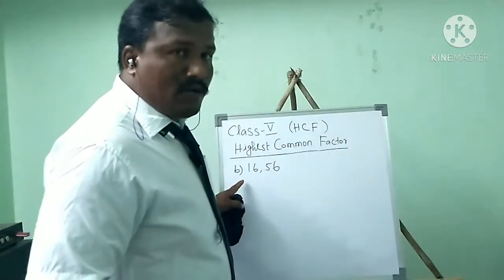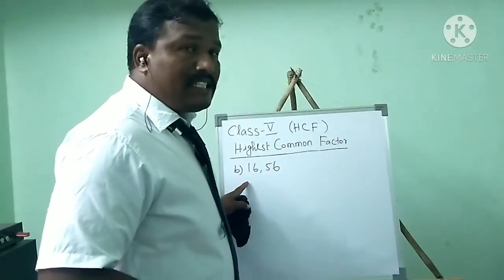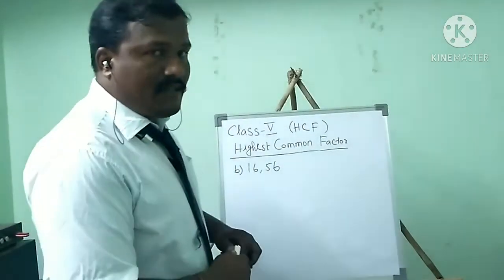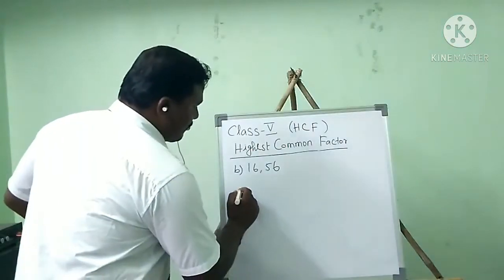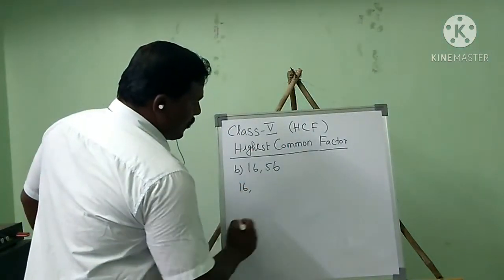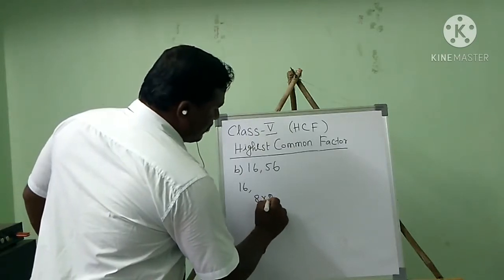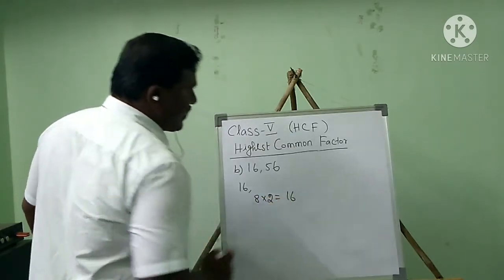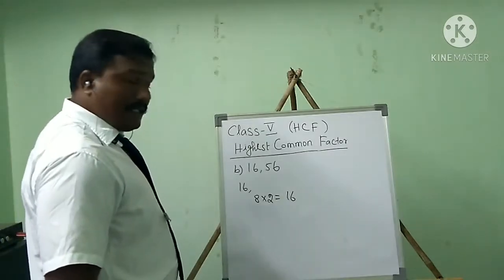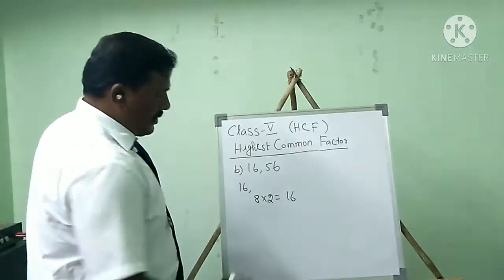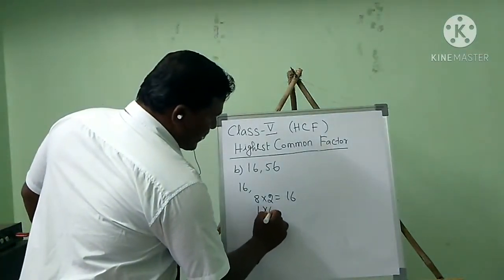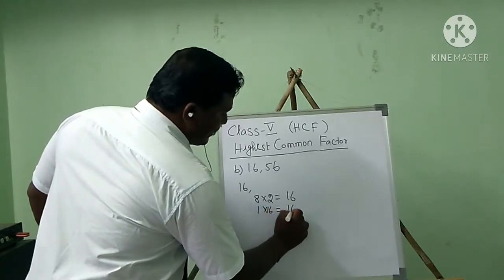Now I am going to find the highest common factor of 16 and 56. First I am going to find the factors of 16. 8 twos are 16. Then another, 1 times 16 is equal to 16.